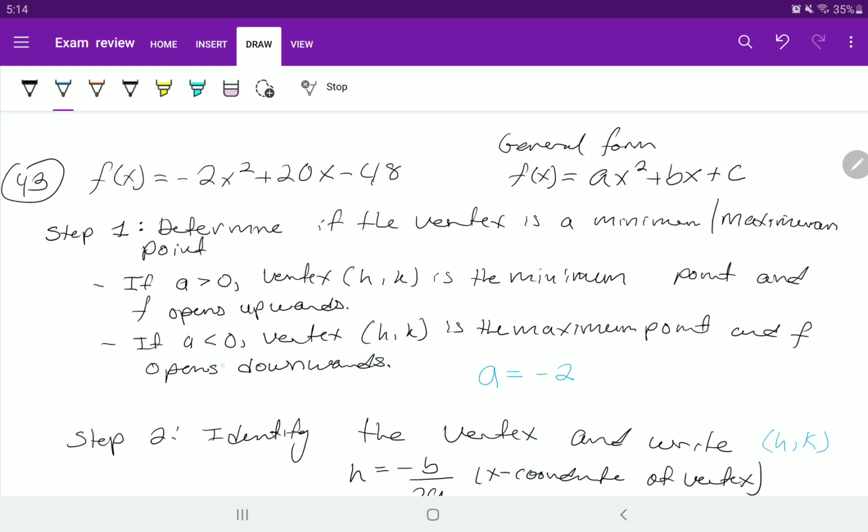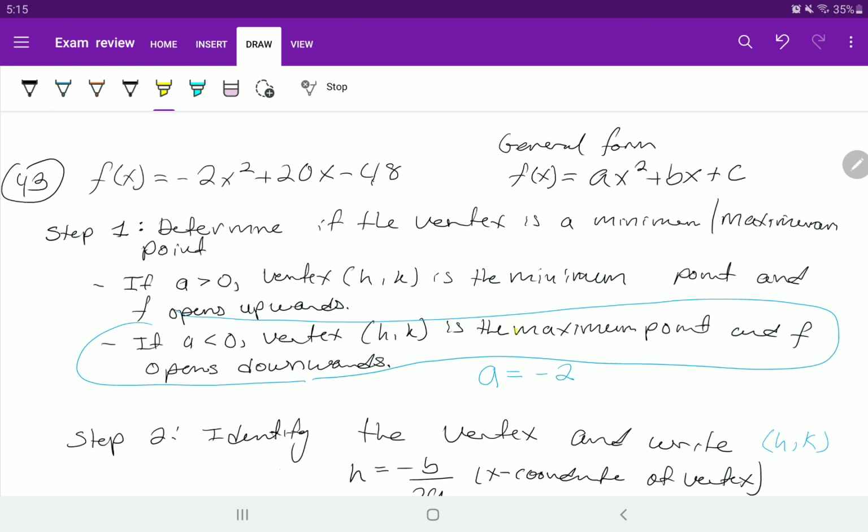Remember, when a value is less than 0, the vertex h, k is the maximum point and the function opens downwards. So to answer the first question, the function opens down. The vertex is a maximum point. I'm going to highlight that. The vertex is a maximum.